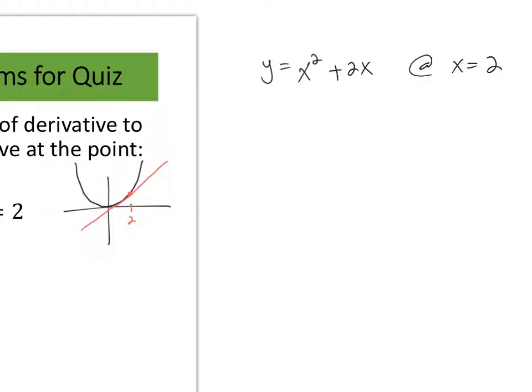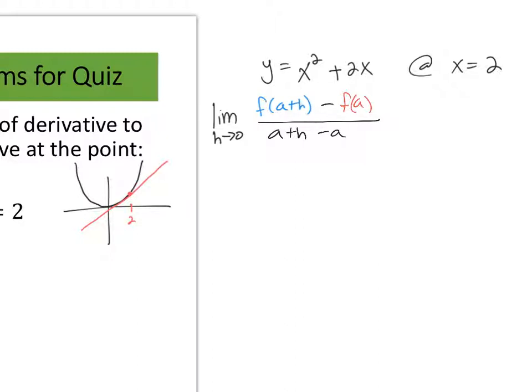All right, so we have to know the limit definition of the derivative. The limit as h approaches 0 of f of a plus h minus f of a, all divided by a plus h minus a.